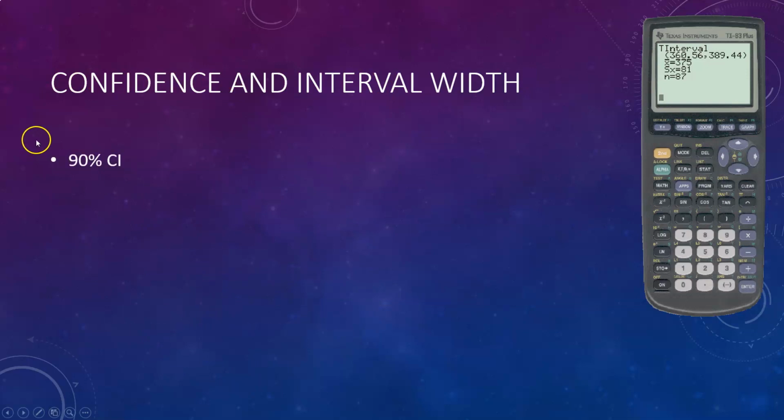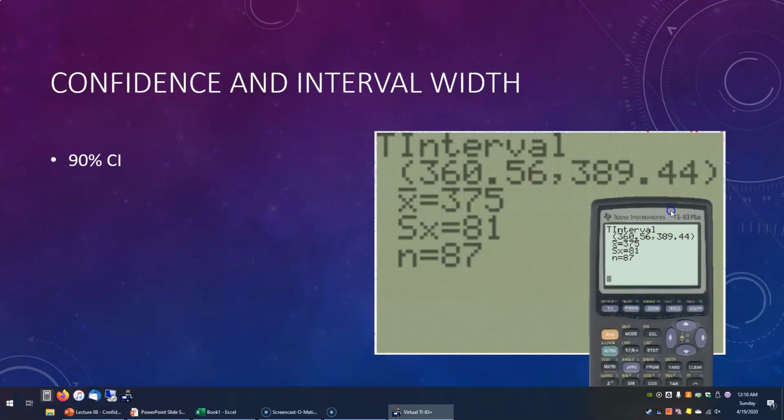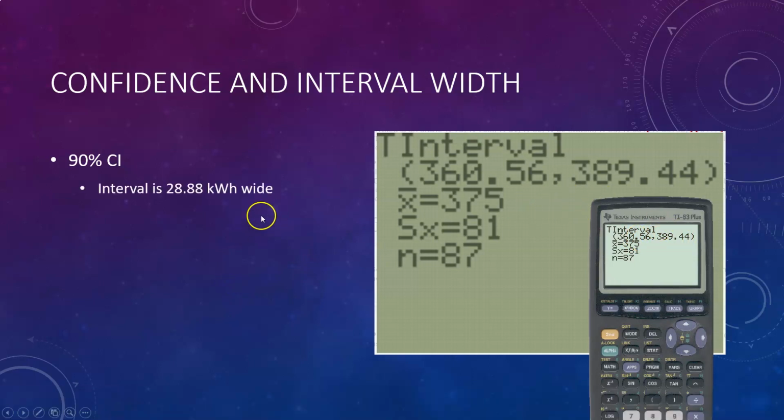Let's compare these. If we did 90% confidence, we got these results, and I'm relieved that I got them in this example here. Okay. This interval is 28, 29, let's say, kilowatt hours wide. So with a 90% confidence interval, the mean is anywhere in a range of 29 different numbers.